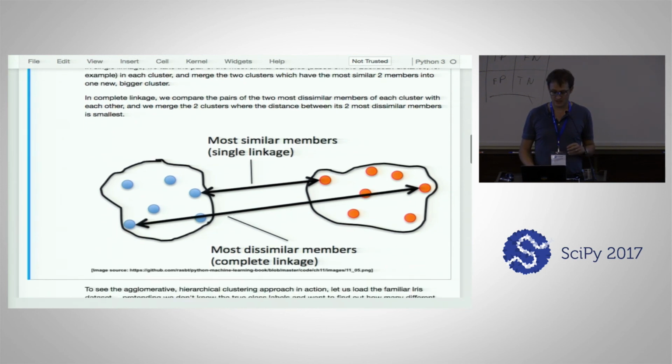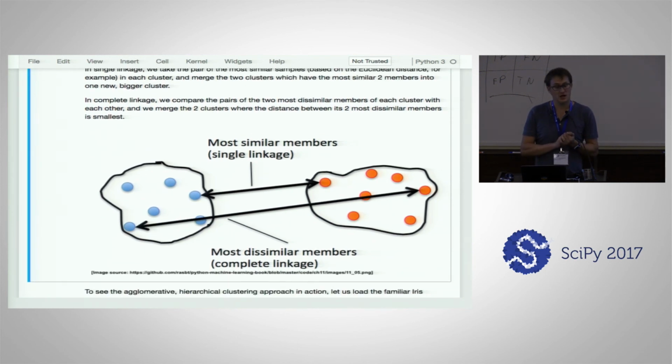So let me illustrate this with this graph. Imagine you start from the beginning, you have 100 samples, and each sample is its own cluster. So you have 100 clusters, and you need to find a way to merge the first 2 samples in order to have not 100 clusters, but 99.